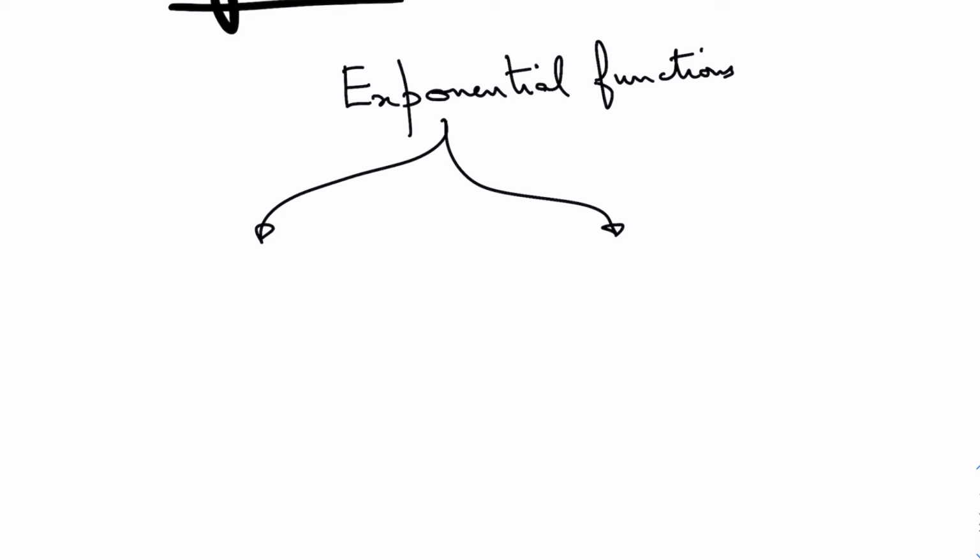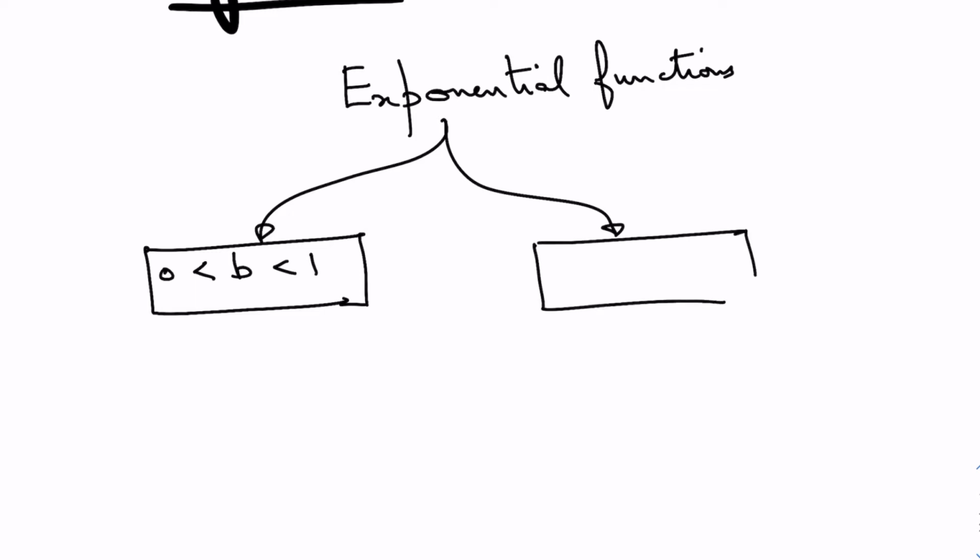The first family is the ones with base less than 1. Base has to be positive. So this is the characterization of the first family. And the second family comes with base greater than 1. We can put a name on them.